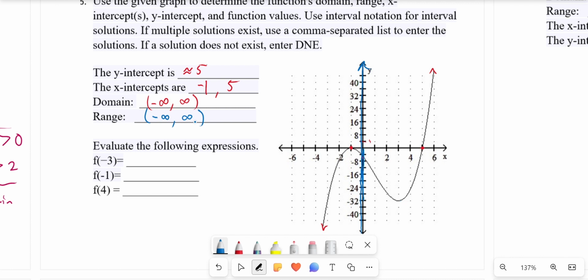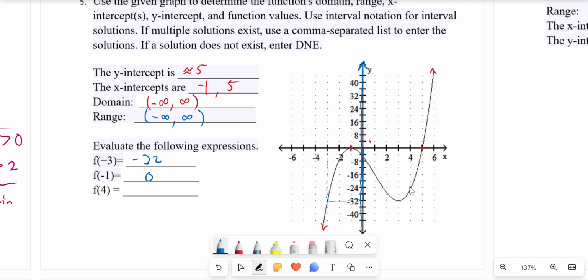What about these expressions? What is f of -3? That's right here. Kind of hard for me to see where that is. I think it's at -32. What about f of -1? Oh, well, we see it's got a y value of 0 because it hits the x-axis. And what about f of 4? That's right here. I'm having a hard time with that one.